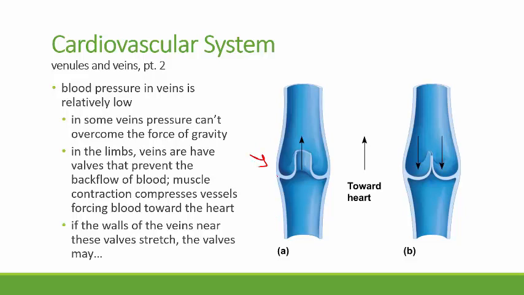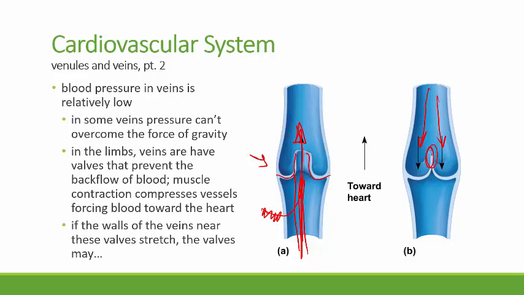And so it's a flap of tissue that folds backward up into the blood vessel. Blood will come upward like this and make it past the valve, and then if blood pressure drops, the blood will be pulled downward by gravity, and that closes the valve back up again.